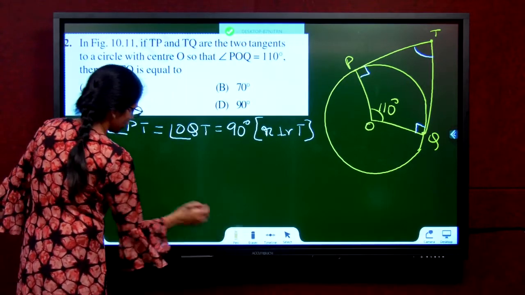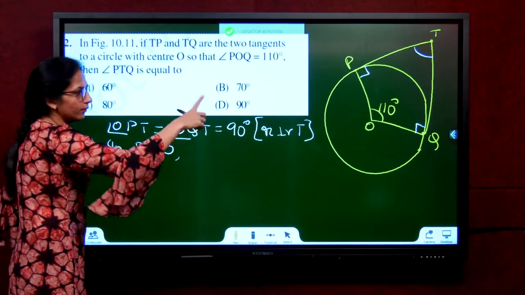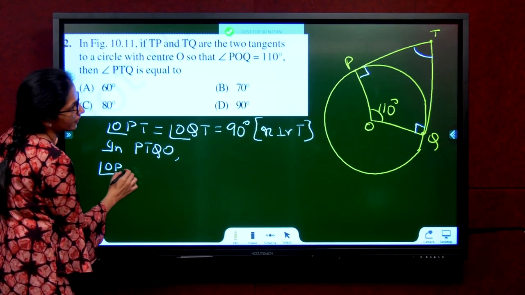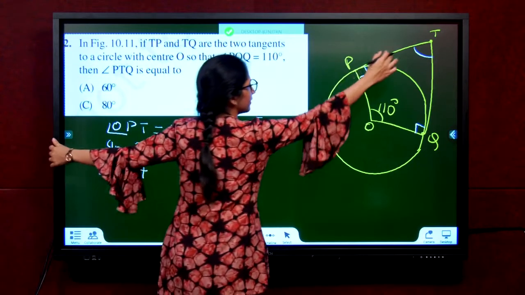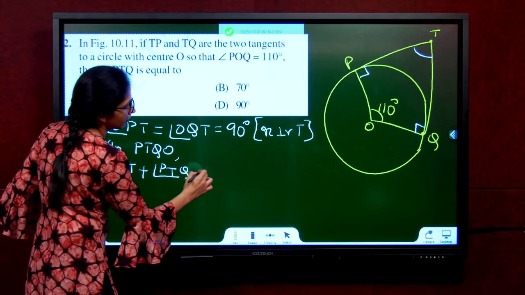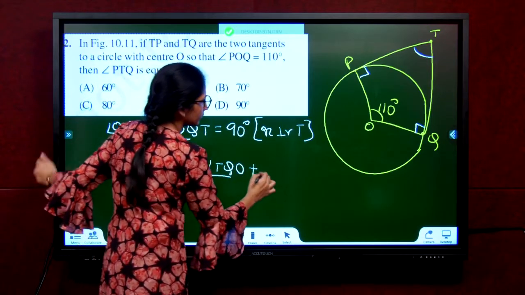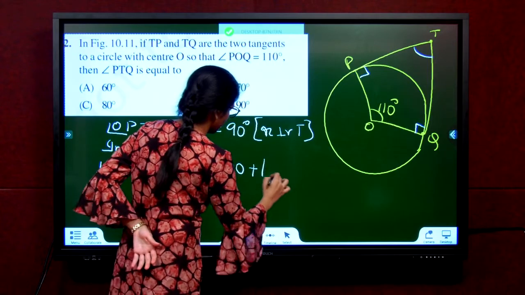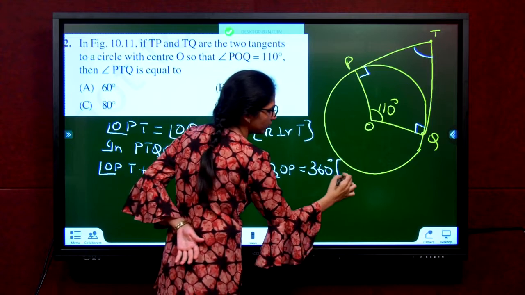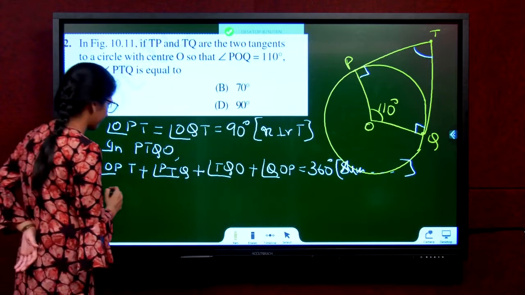Therefore, you can say in PTQO, that's a quadrilateral, angle OPT, next angle PTQ, plus next angle TQO, next angle QOP is equal to 360 degrees. Reason: sum of all angles in a quadrilateral is 360 degrees.